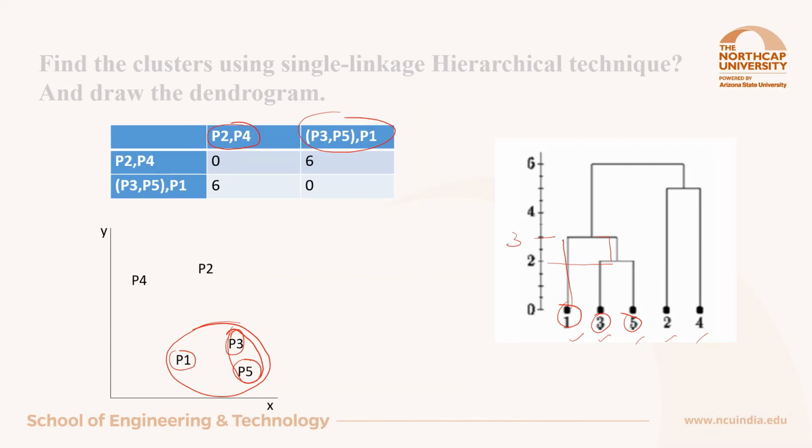After this, we found that clusters 2 and 4 were close together and these two were merged together at a distance of 5. And at the last step, as you can see here, these all were merged as a single cluster at a distance of 6. So this is how my dendrogram looks.